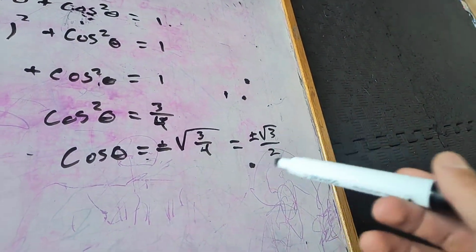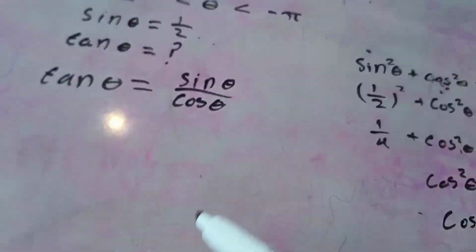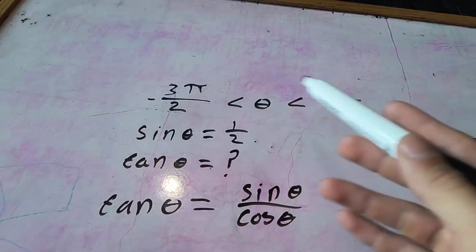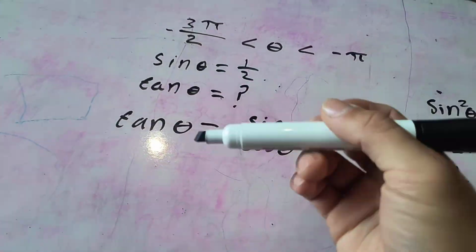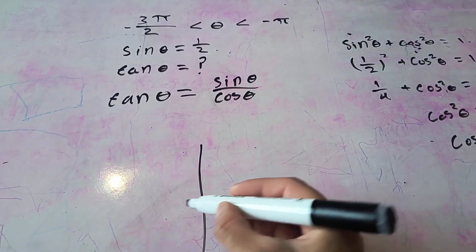Now, to figure out whether this is a plus or a minus, we need to see where theta lies. To do that, let's draw a quick graph.